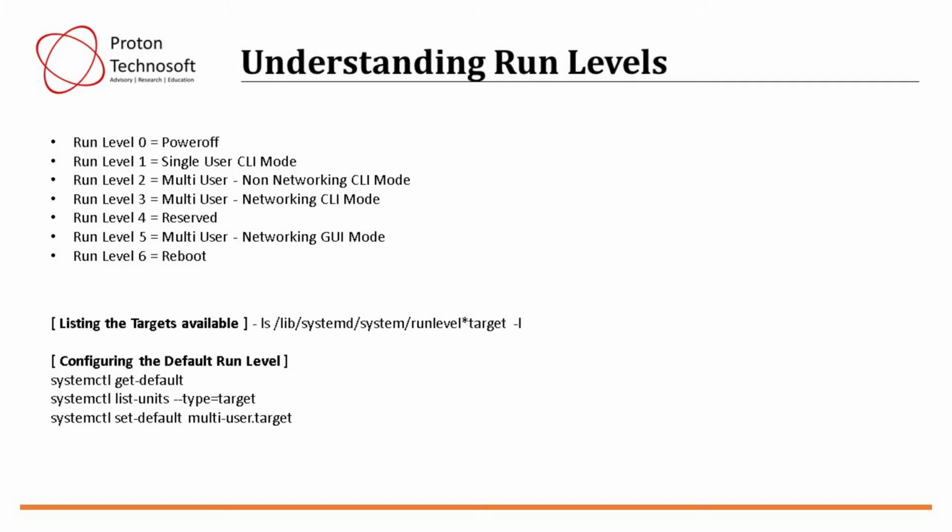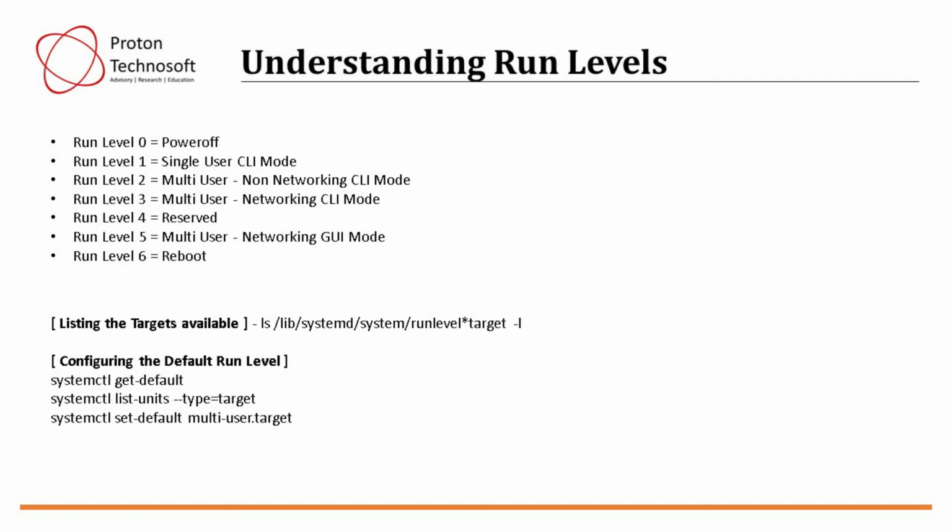For example, if you're running Apache as a web server, or NFS as a network file service, or Samba from a sharing perspective, then those services will not be running in run level 2. Rather, if you have to run those, you will have to upgrade your run level to run level 3.